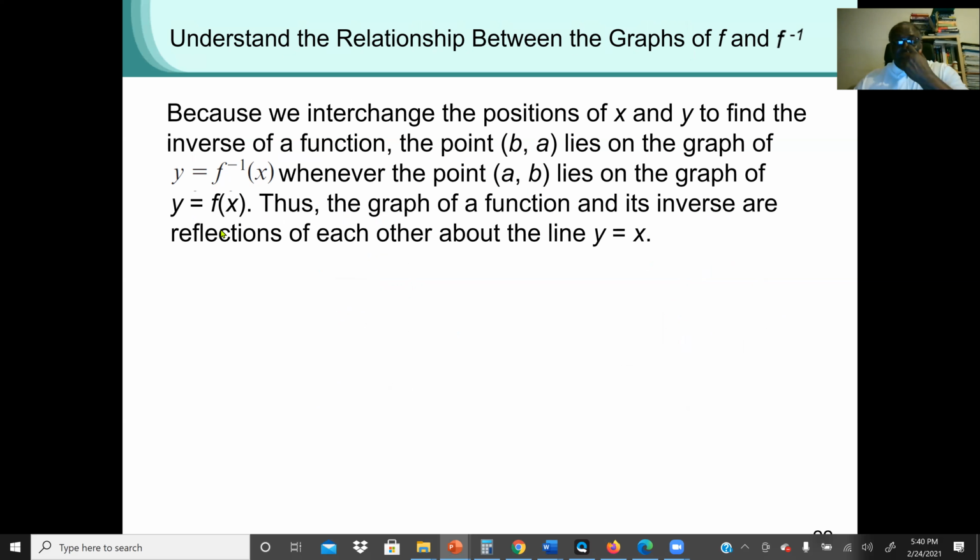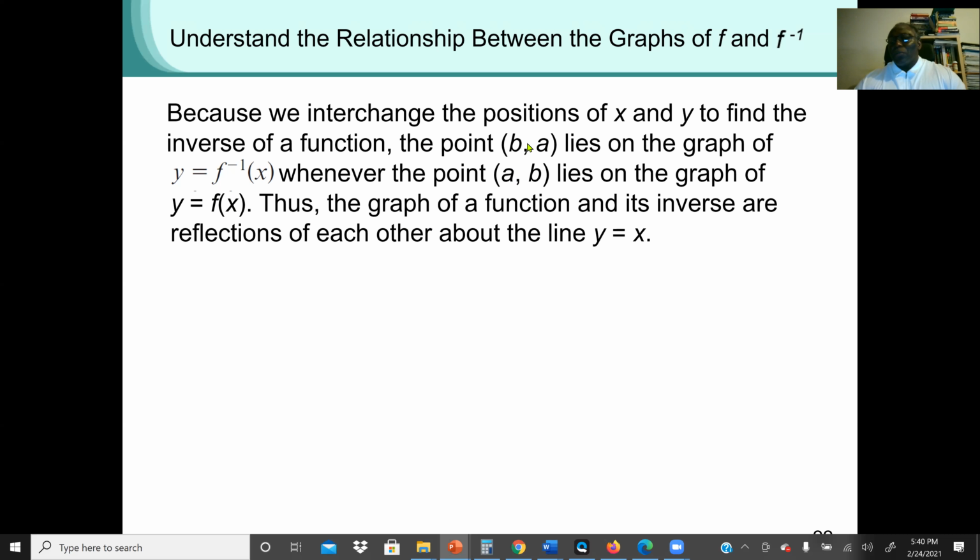So what we are saying here is almost like a reflection. Since f(x) and its inverse go opposite, we change x and y. If we have a point (b, a) on the inverse, then the original function has the point (a, b).